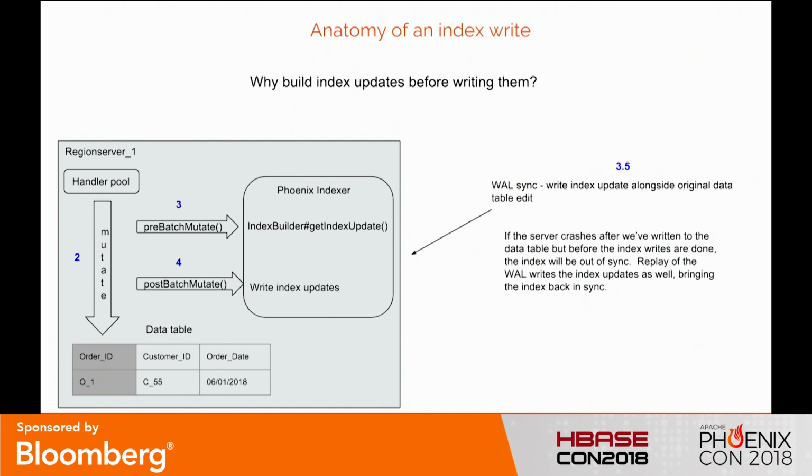And the reason we do that is because if the server crashes before we get to step 4, we want to make sure that index write happens. So during WAL replay, like the normal HBase WAL replay when your region server crashes, as you replay the WAL writes, you'll also do the index updates at the same time.